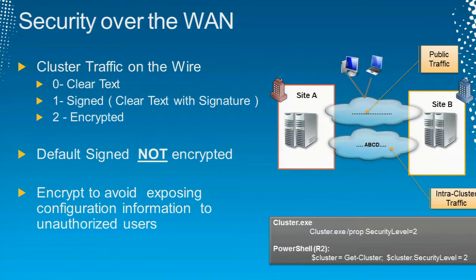What that means is nobody can tamper with the cluster traffic. But if you are worried about the data being visible to unauthorized users, we highly recommend that you encrypt your cluster traffic. There's a property of the cluster which you can change through cluster.exe or using PowerShell. Cluster.exe /prop SecurityLevel=2 basically changes the security level of the cluster traffic from signed to encrypted.